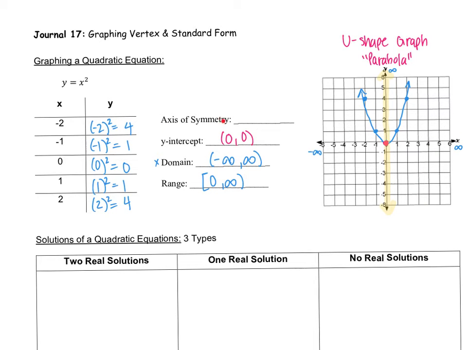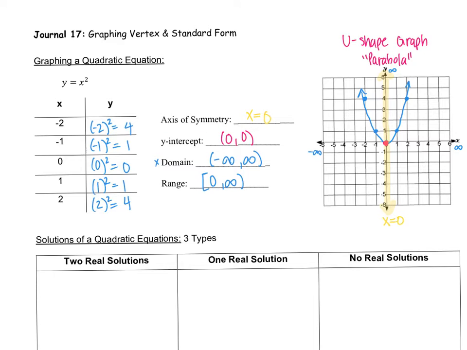So generally, we describe the axis of symmetry using an x value, and this is x equals 0 because it hits at x equals 0. Sometimes you can have a parabola shift and then maybe it's lying on +3 for the x, so it could be x equals 3. But in this case, it's lying on x equals 0.